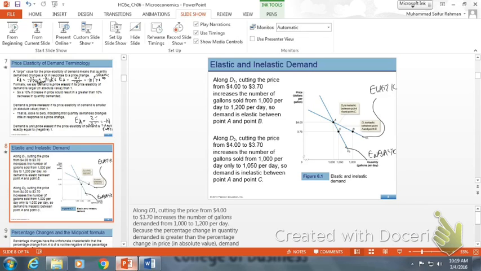The problem with calculating price elasticity in this way is that when you move from A to B, the price elasticity of demand calculation is very different from when you move from B to A. But they should provide you with the same information because consumer behavior is changing exactly when you are moving from A to B or when you are moving from B to A. Are we all clear on that?